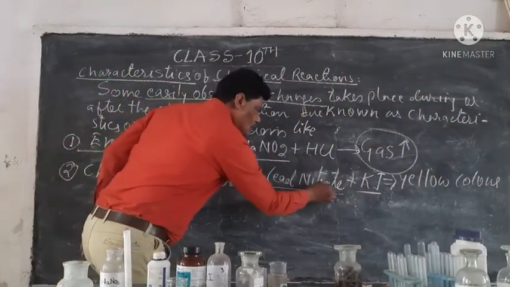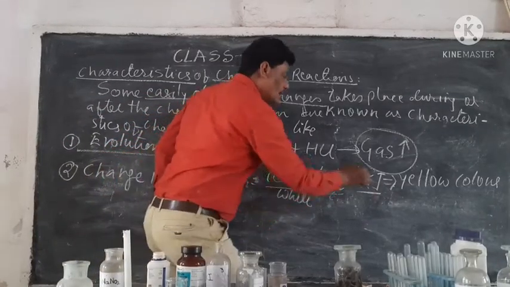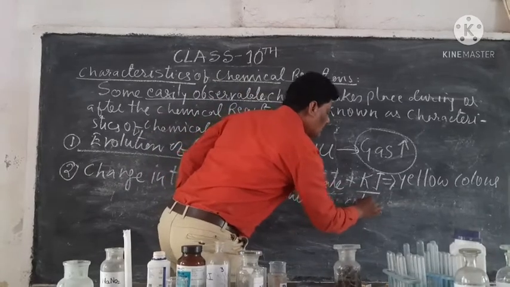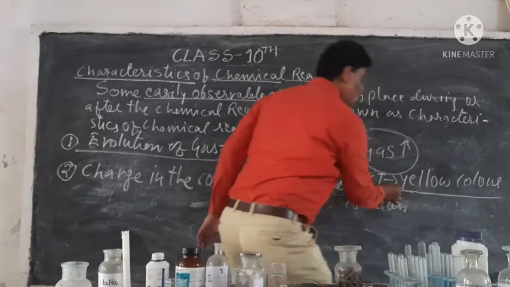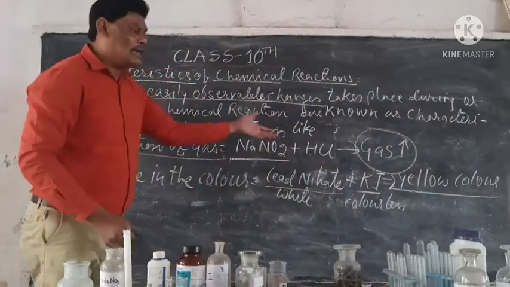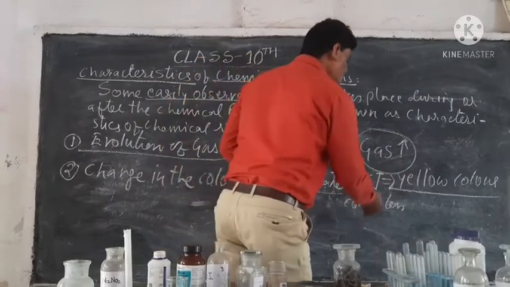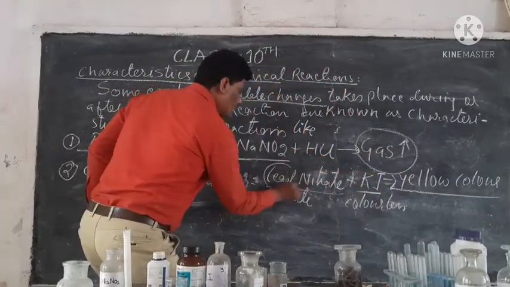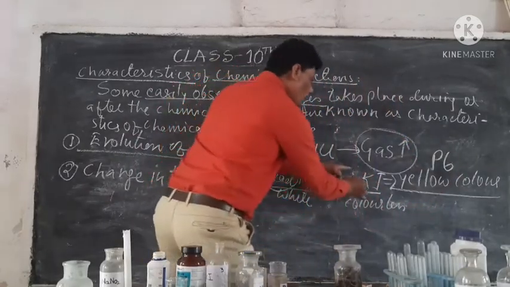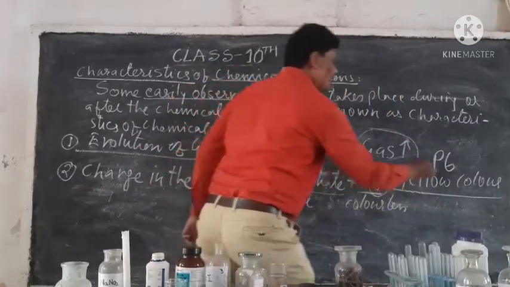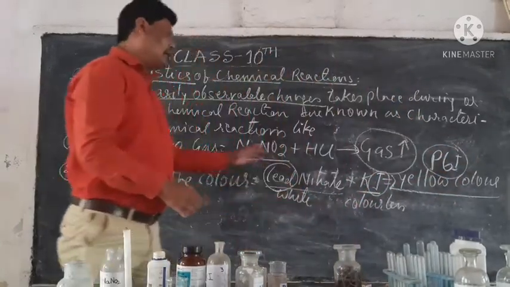Earlier the lead nitrate solution was white in color, and the KI solution was colorless, but now it becomes yellow in color. Why does it become yellow? It is due to formation of a new substance. From lead nitrate we get lead, Pb, and from potassium iodide we get iodine.